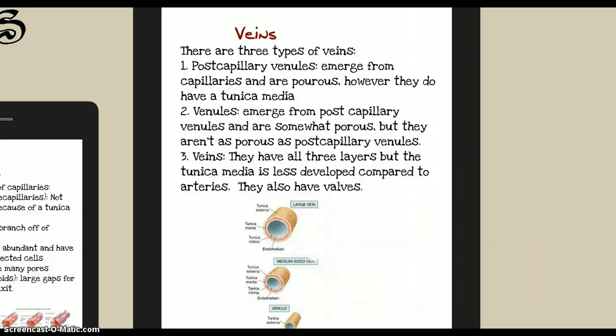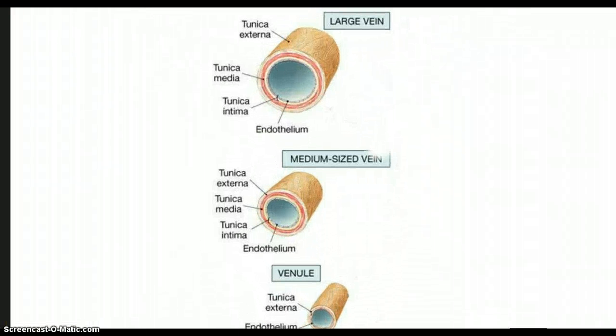And then there are your veins. They have all three layers, and the tunica media is less developed compared to the arteries, but they use valves. So in your vein, you see that their tunica media isn't really as developed, so they can't really pump blood back to the heart, but they do have valves in them. This picture doesn't show it, but they do have valves.